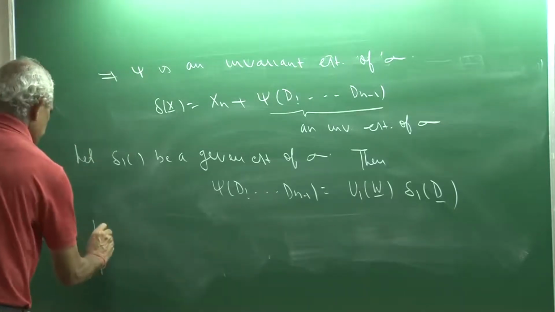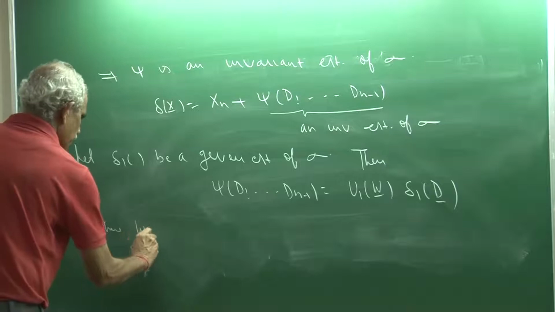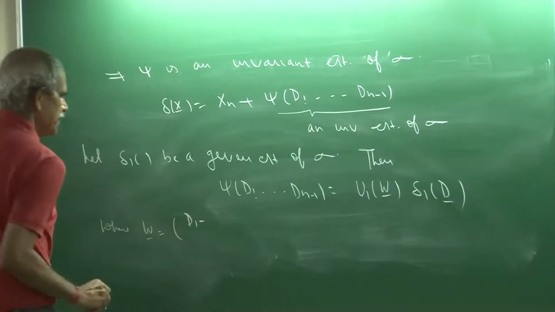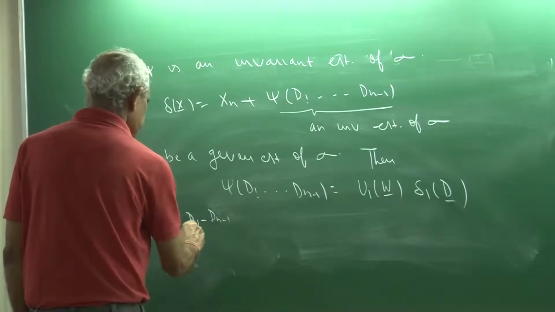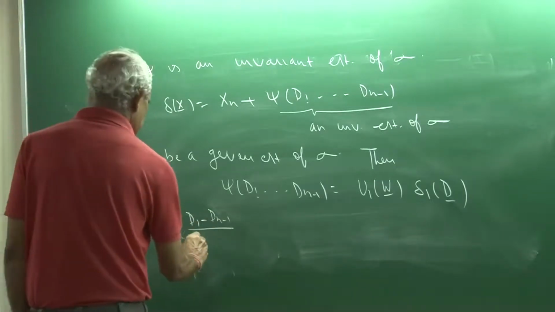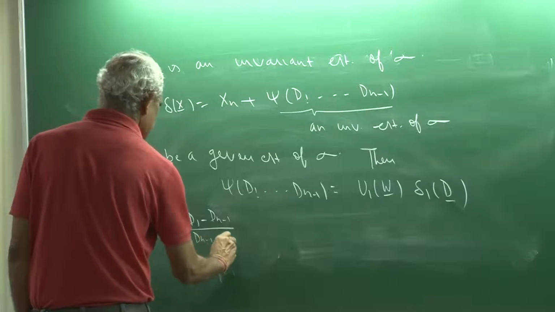Where w is d1 minus dn minus 1 by dn minus 1 minus dn minus 2.